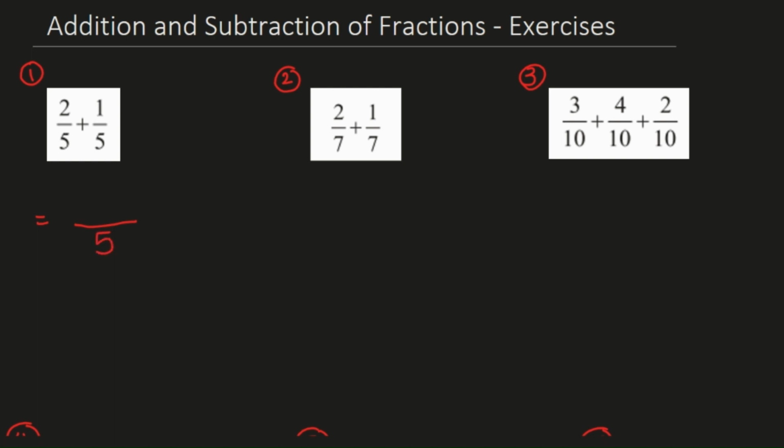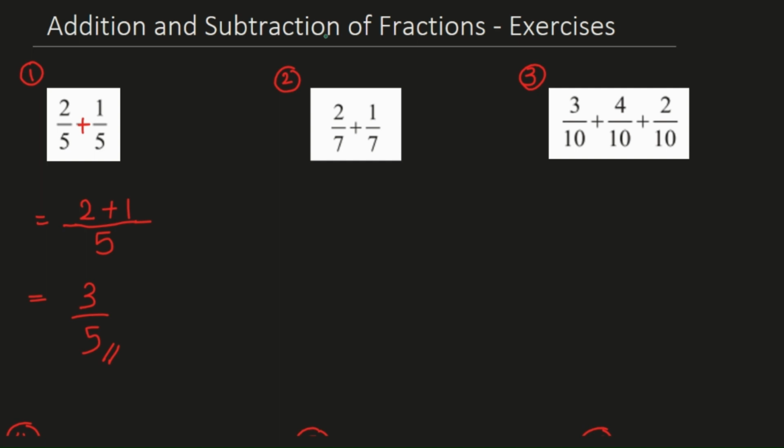If the denominators are equal, then you can simply add or subtract the numerators. Since this question is an addition, you simply add the numerators. 2 plus 1. The answer is 3 upon 5. Got it? Right. Let's go to the second question.